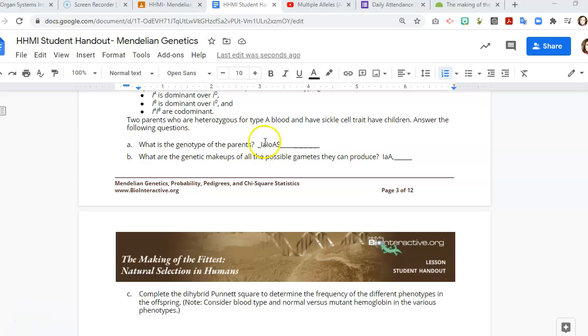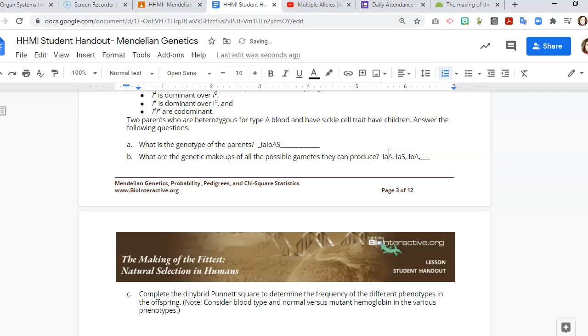Then we do the outside. The outside means that it is going to have A-type blood, and it can also inherit the sickle cell trait. Then I do the inside, which means that it's going to be type O blood, which I'm making a lowercase o, and I'm going to attach that to the A.